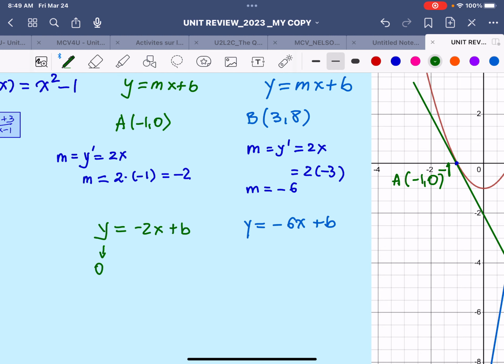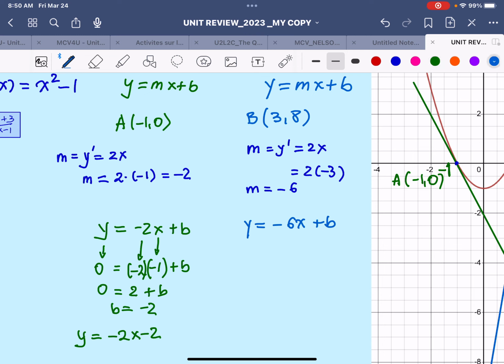So here the y value is 0, the x value is -1, and we have the slope of -2, that's a given, and we are missing just the value of b. So -2 times -1, that will give a +2 plus b equals 0, so b equals -2. So the equation of the first tangent will be -2x minus 2.